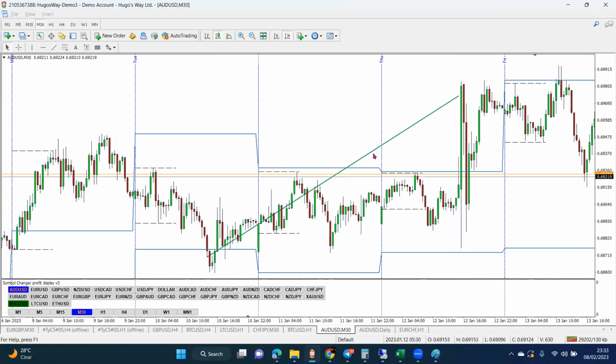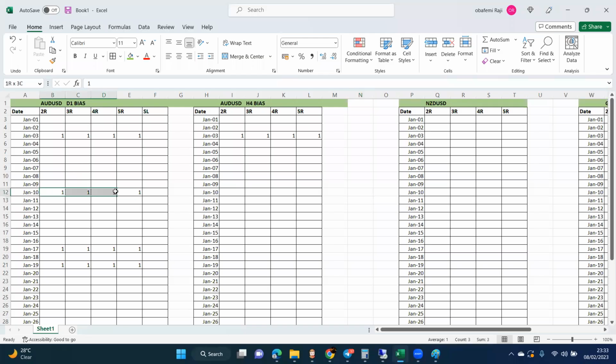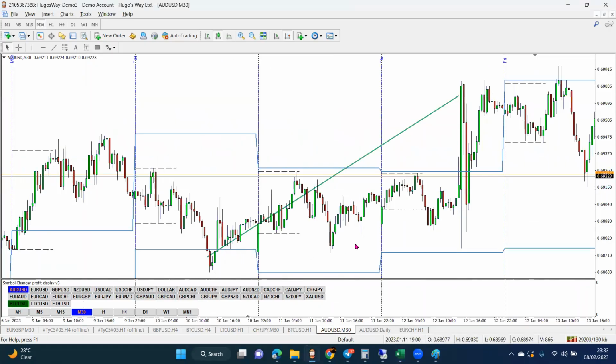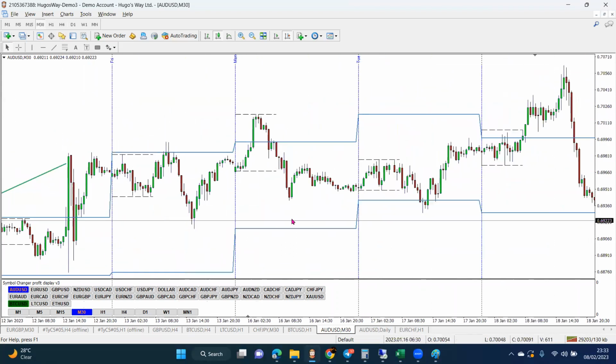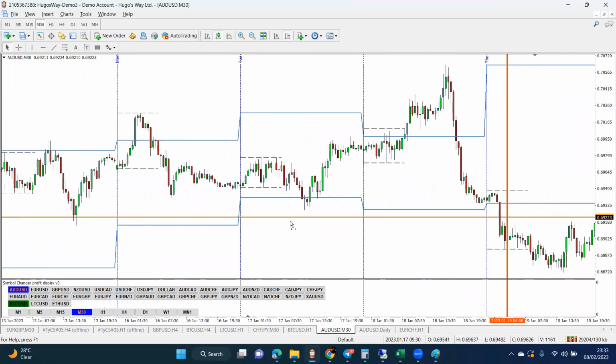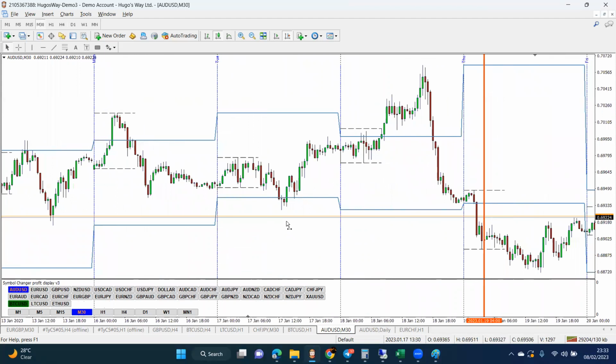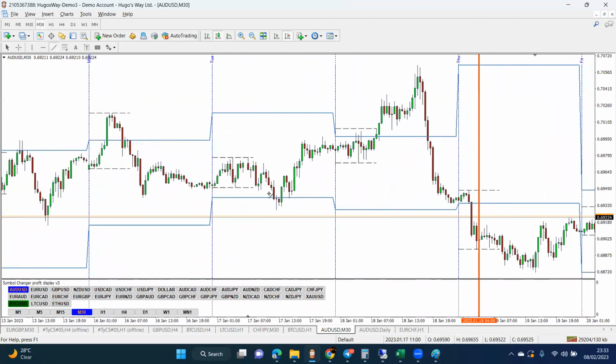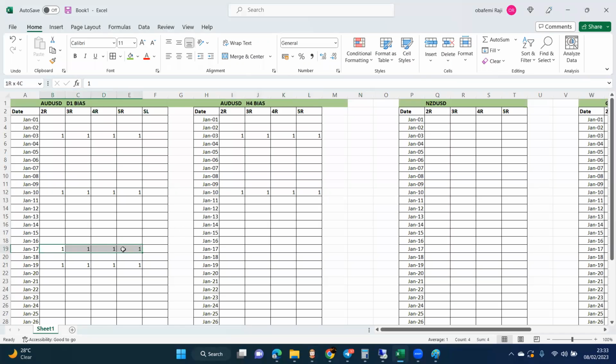So we'll have the same result as with the daily. 17th, we are still bullish, guys. So we'll have the same result as with the daily bias.